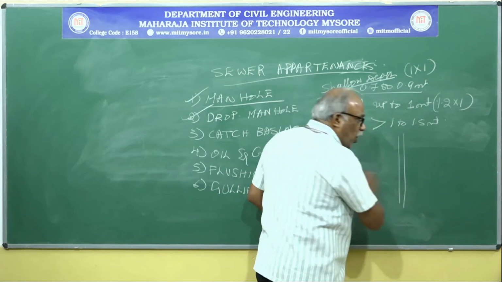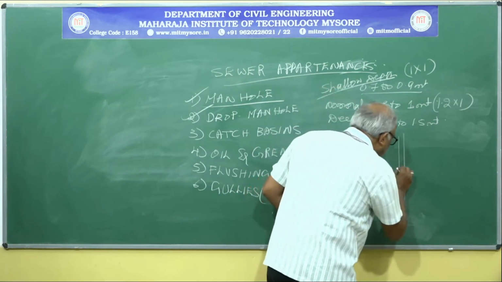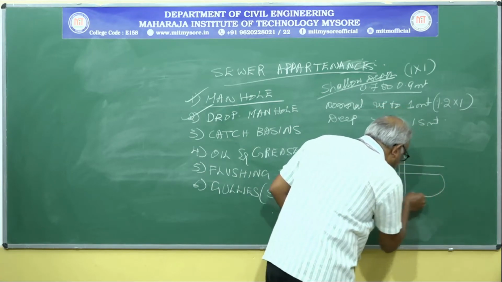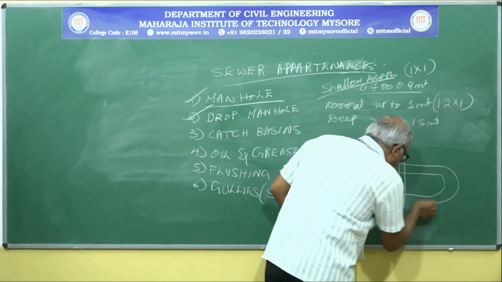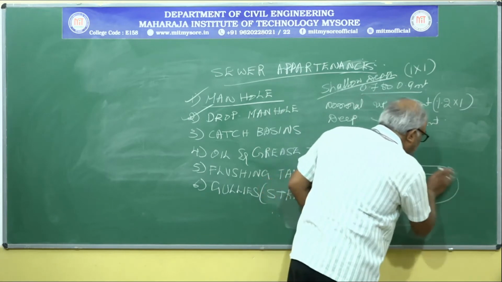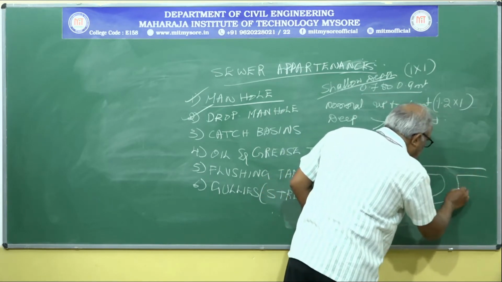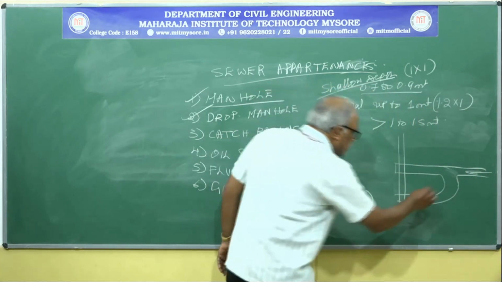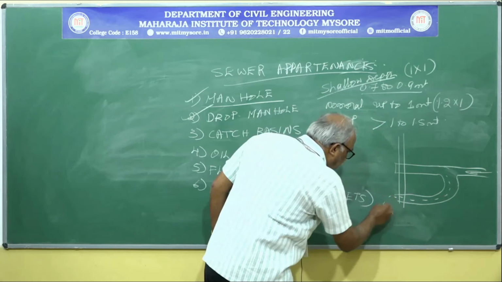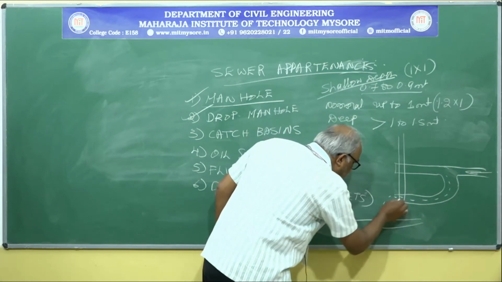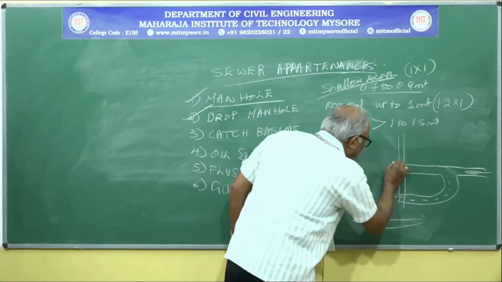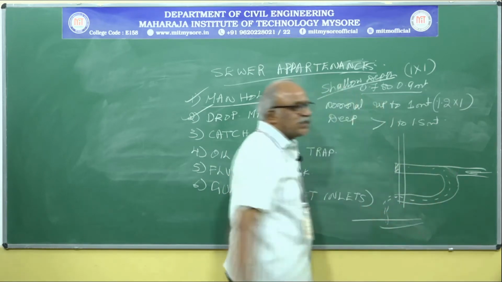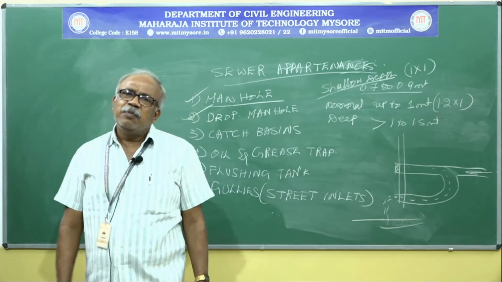For example, taking one side, it can be provided like this. Whatever wastewater comes from this side will come and join the main sewer here. The pipe will be provided for inspection purpose.